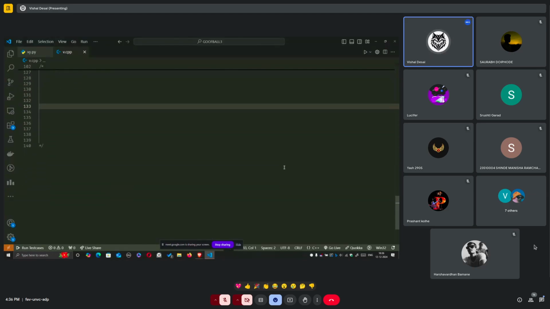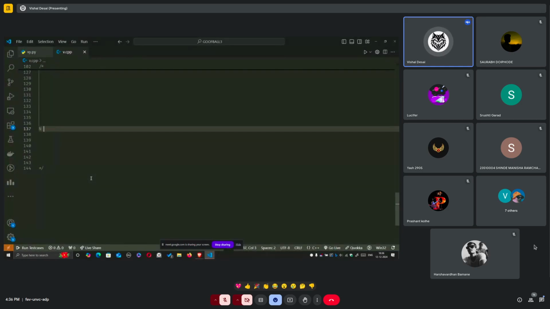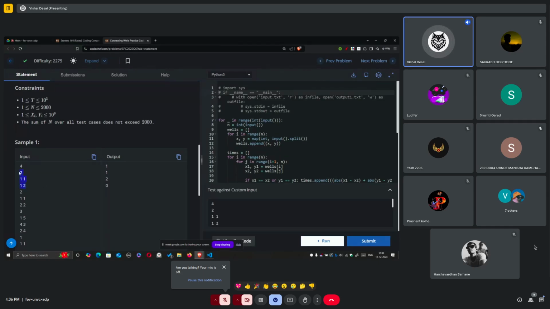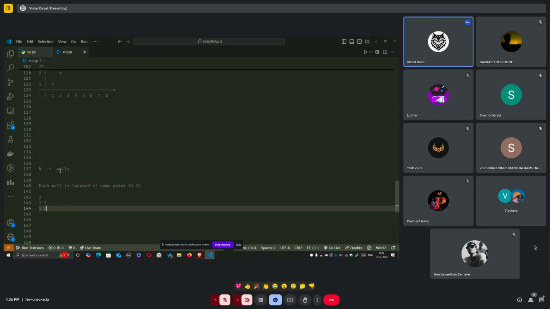Okay, now what the question says is there are n wells. Each well is located at some point xi, yi. Okay, so the points are specified. Let's take this test case. For this, the number of wells is 2 and the points are 1 1 and 1 2. That is on the coordinate axis.